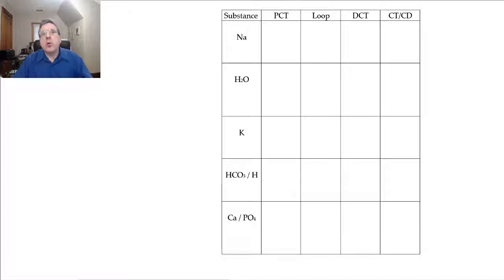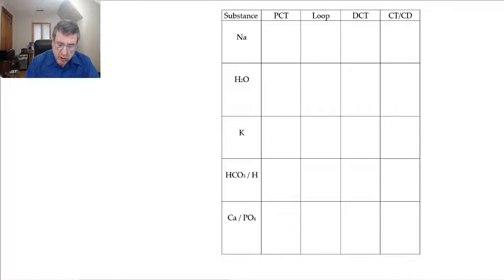When I'm looking at this chart, I'm going to go through which locations they are reabsorbed in, whether it's the proximal convoluted tubule, the nephron loop, distal convoluted tubule, collecting tubule, and collecting duct. So I have those in different areas, okay?